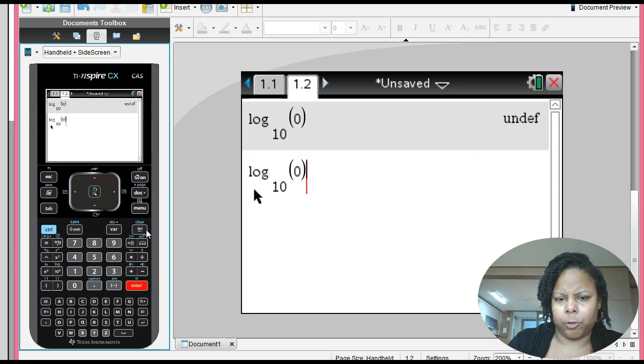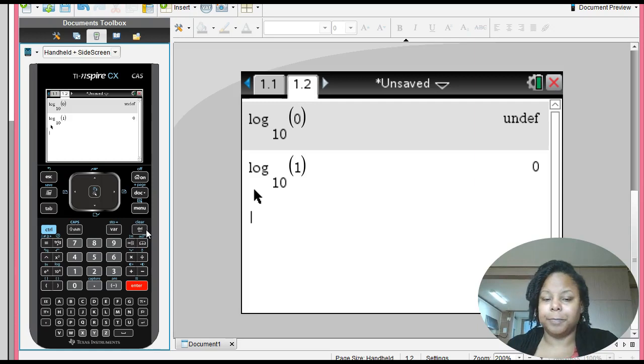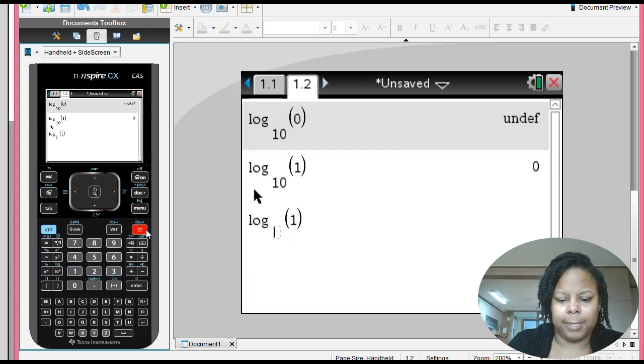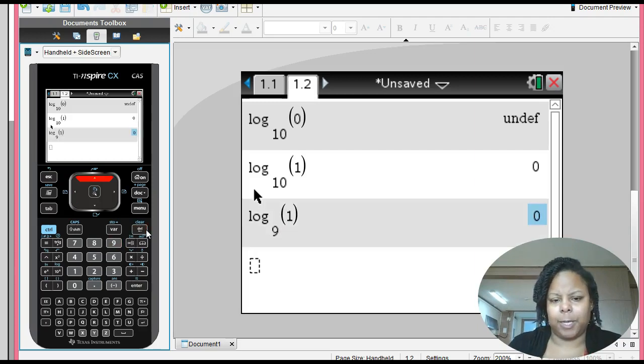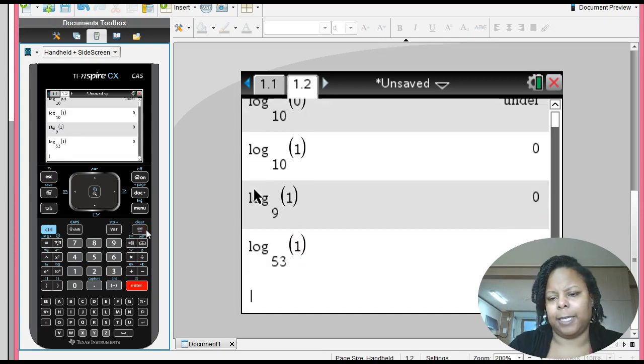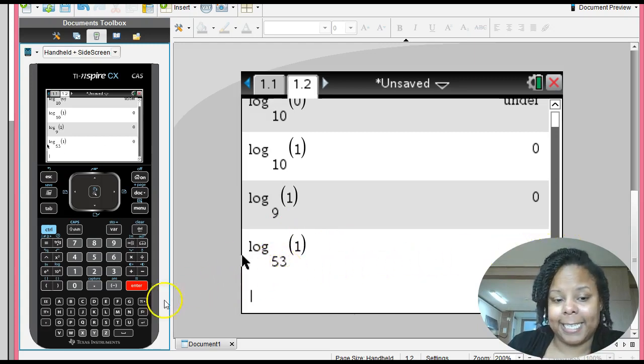But if I do base 10 of 1, I'm going to get 0. If I change the base to, let's say, 9, I'm still going to get the same answer. No matter what the base is, say 53, I'm still going to get 0. So the log of 1, with any base, is going to be equal to 0.